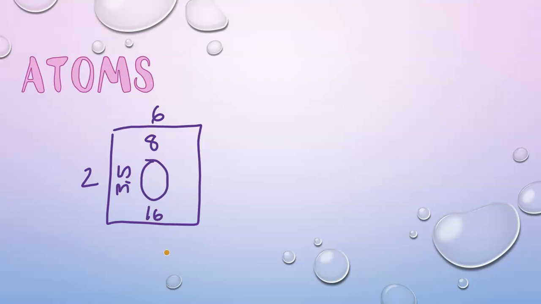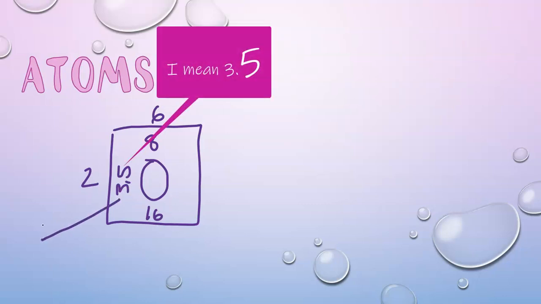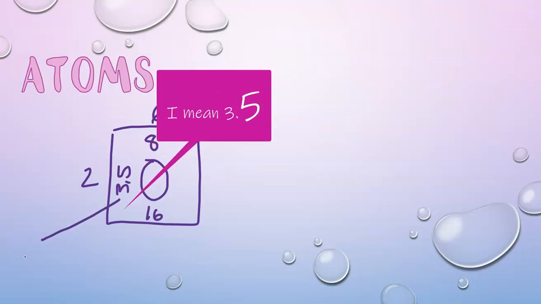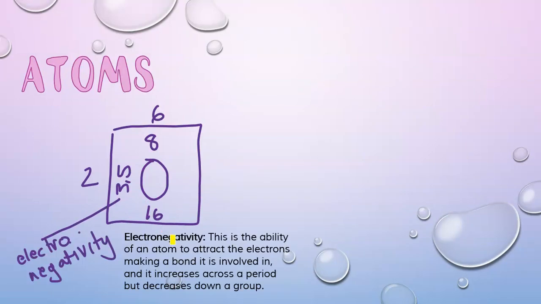So with all these little numbers, we know a lot about oxygen, about Olivia. Now, the first one that I'm going to just make a note of, and then I'm going to ignore it, is this 3.5. So that 3.5 is the electronegativity of the element. And we have a definition for electronegativity, so that's one of the level 1 things that you have to just memorize.